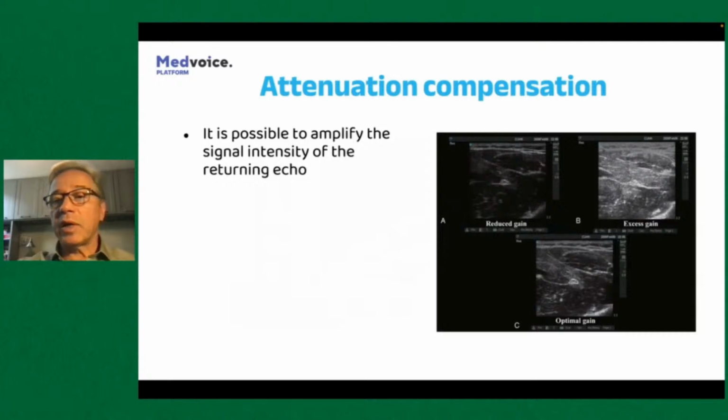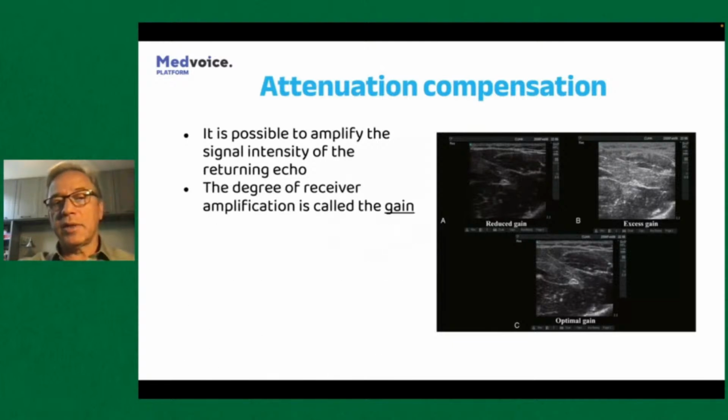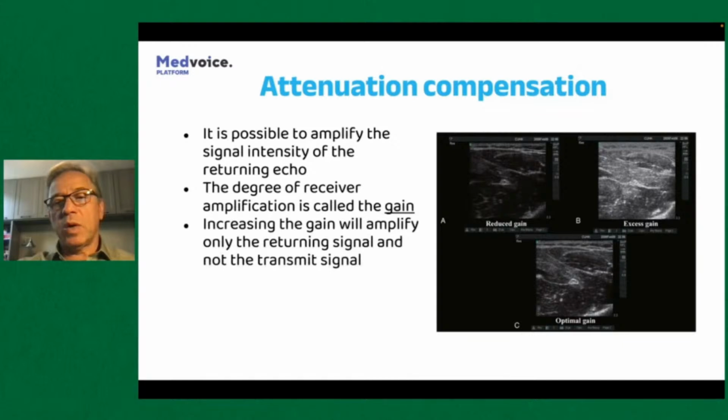It is possible to compensate for that using something called gain, which is the degree of receiver amplification. When we increase the gain, it will amplify only the returning signal, but not the transmitting signal.